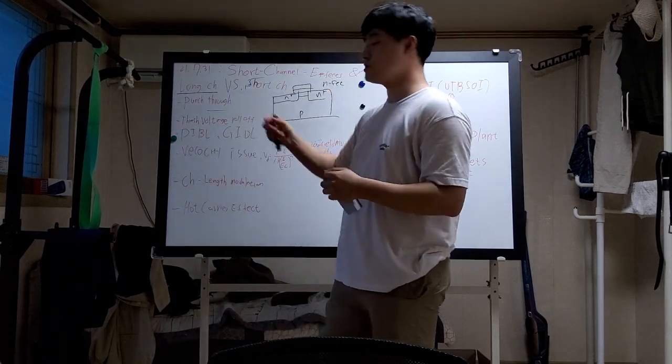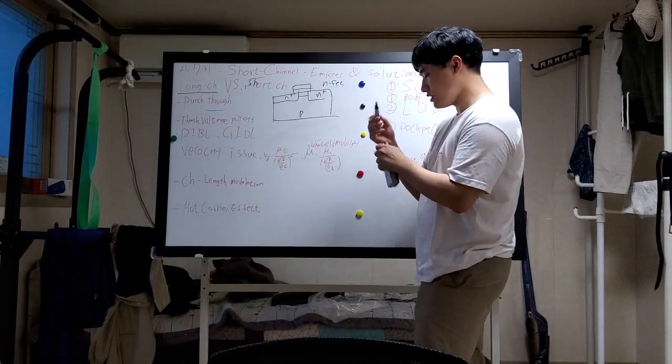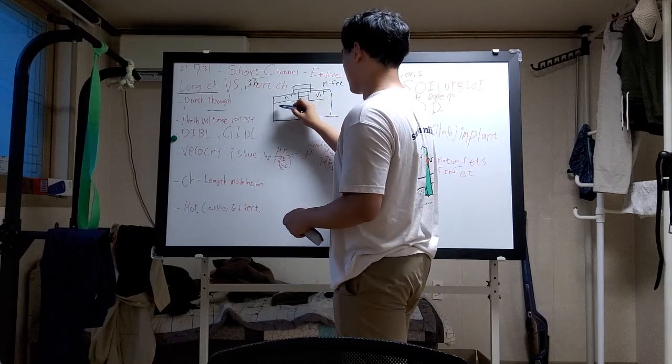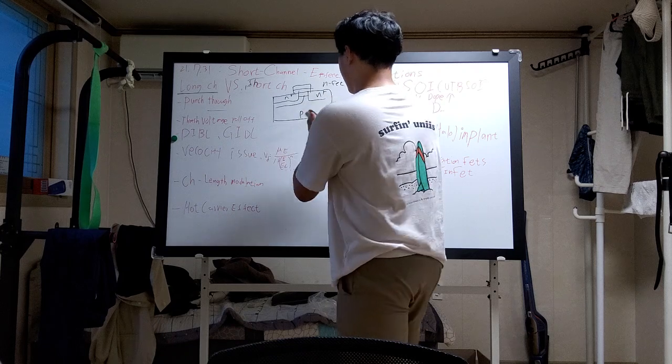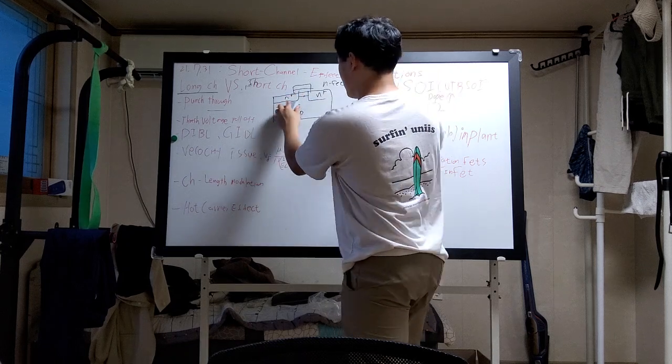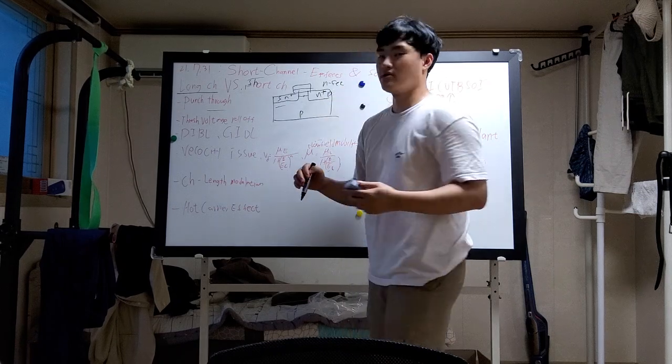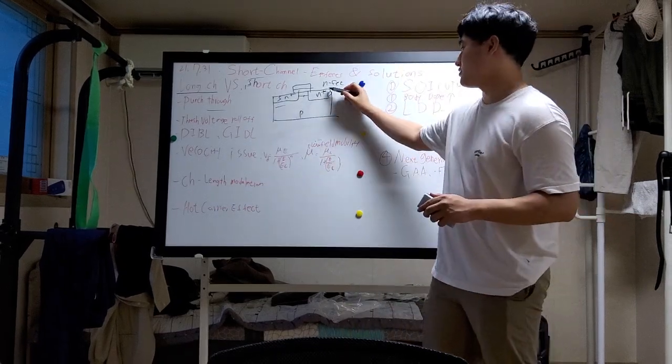Okay, so first, punch through. As I said previously, as the depletion grows, let's guess the source and drain, and we just apply voltage at the drain.